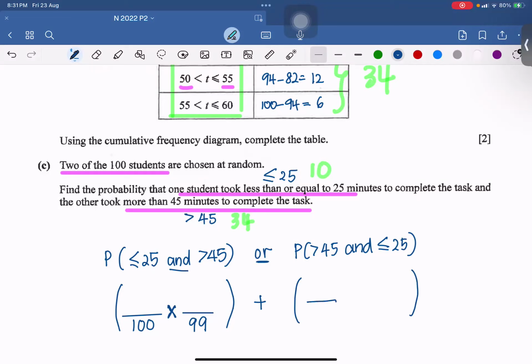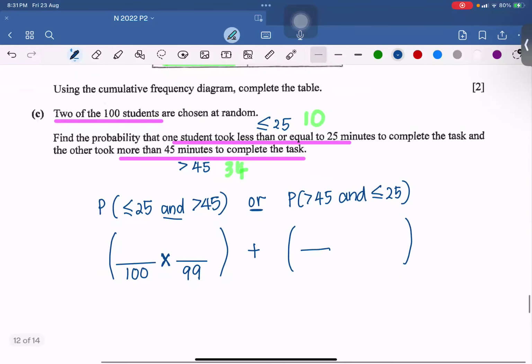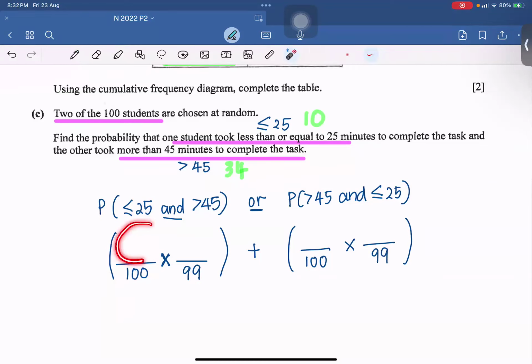Same thing is repeated here. First denominator, how many people can I choose from? 100. Then I took out one person, so second denominator is 99. For the first position, how many meet the category less than or equal to 25? 10.